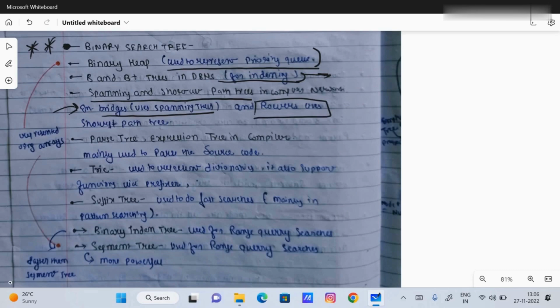Router uses shortest path tree. This is the basic important thing that we should know. Why is the router using the shortest path tree? In order to make the range bigger. We will see the working of a router in the networking section.